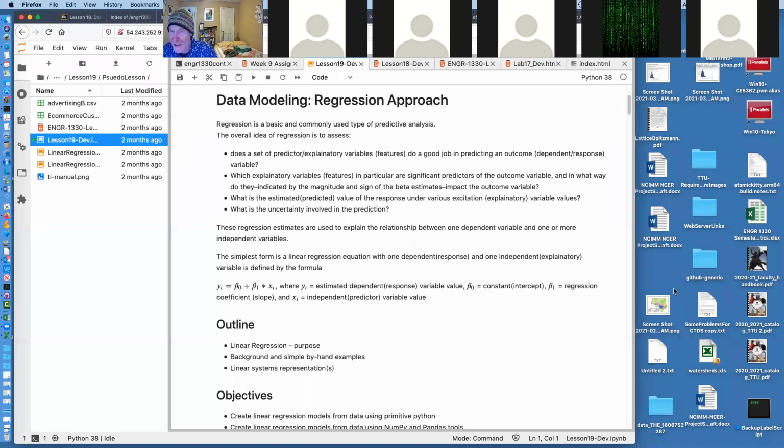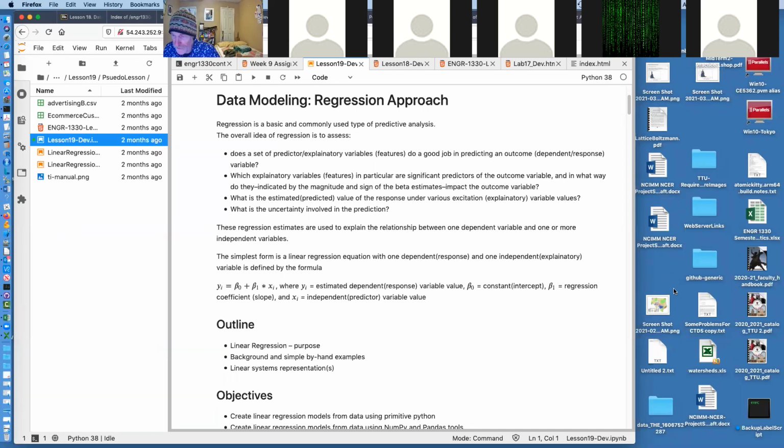Let's start with what is stated to be the simplest form, although that's a lie. The second simplest form is a linear regression equation with one dependent response variable and one independent explanatory variable, and it's defined by the formula y sub i equals beta 0 plus beta 1 times x sub i, where beta 0 is a constant and it's called the intercept.